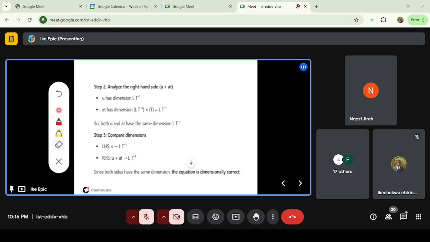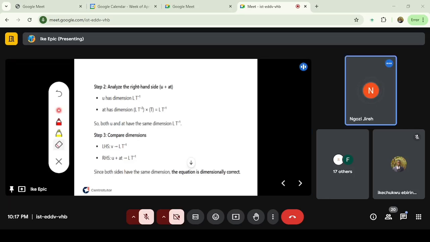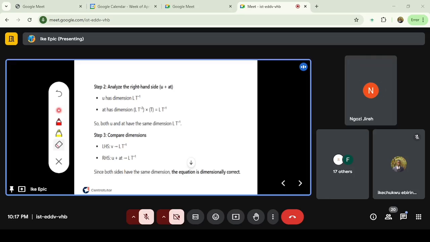If there's a plus sign separating two or more alphabets, you take those alphabets that are grouped together, get their combined dimension, and check if the combined dimension on the right hand side is equal to the combined dimension on the left hand side. Then you can say that that equation is dimensionally correct. So that's for checking whether an equation is dimensionally correct.